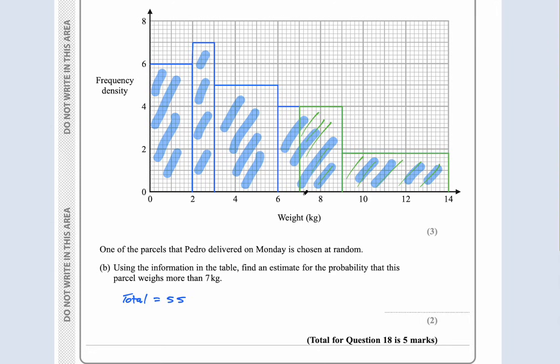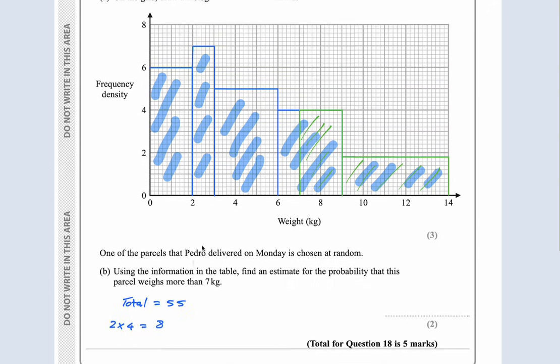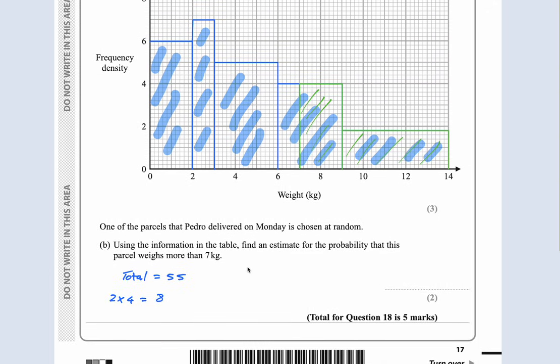So this is 7 to 9, so it's 2 times 4. So 2 times 4 is equal to 8. And this area, I already know it's 9. So it's 8 plus 9 over the total, which is 55. So that is 17 over 55.